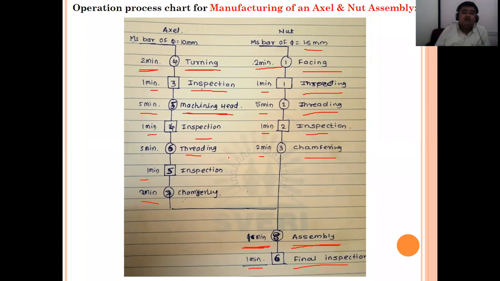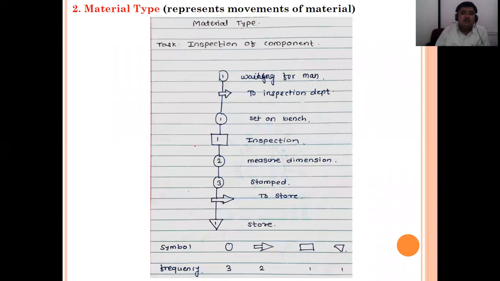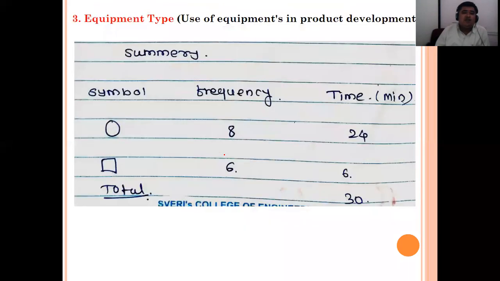And what is the use of this chart? Here we can identify which symbols are used, how much time is required, and what the total time is.